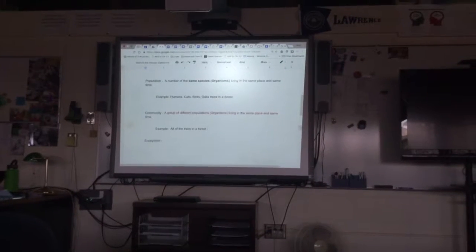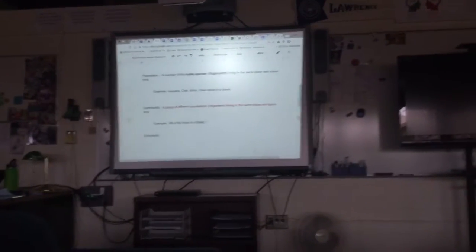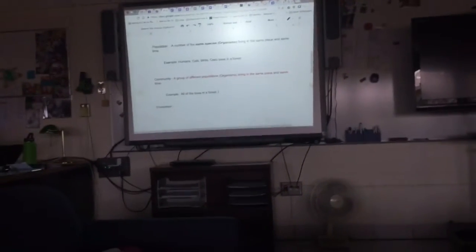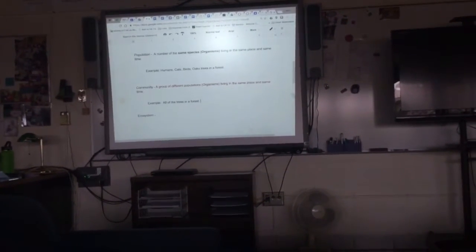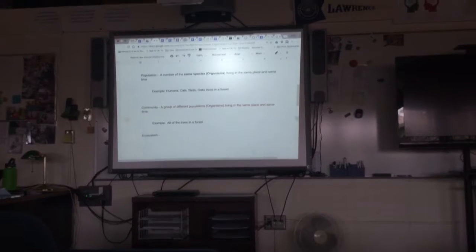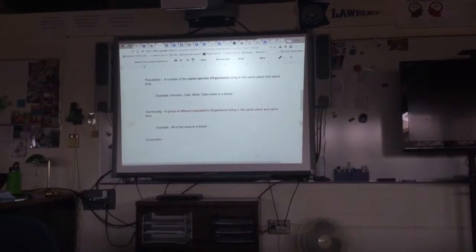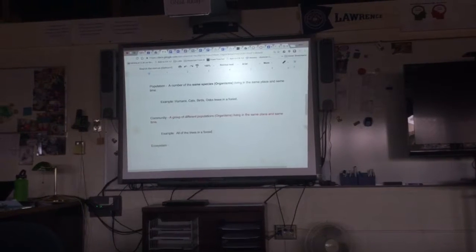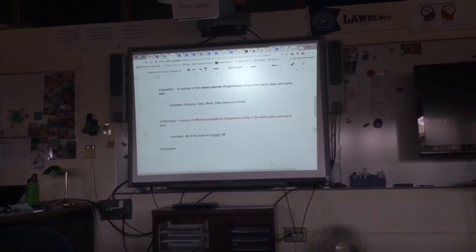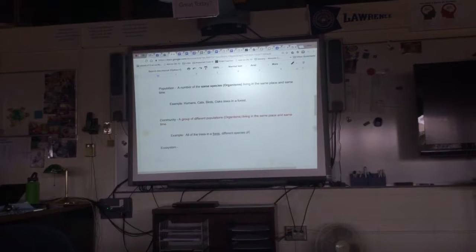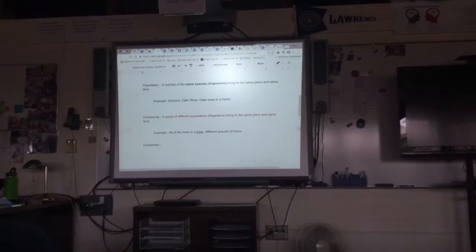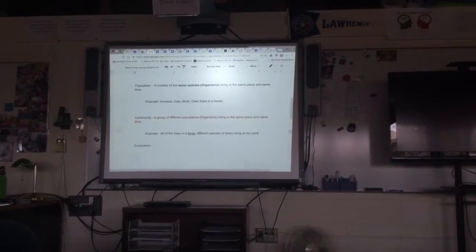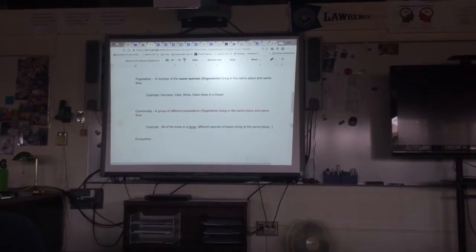So instead of looking at just one tree, we're now looking at all of the different types of trees. Bears. Bears is still a population, right? It's one single. There's different kinds though. There's different breeds, like types. There's brown bears, black bears, polar bears. So we would have to say then different species of bears living at the same place. Okay? What else?